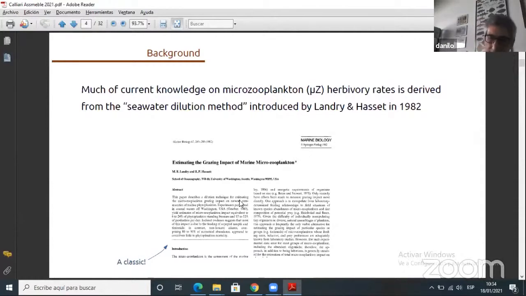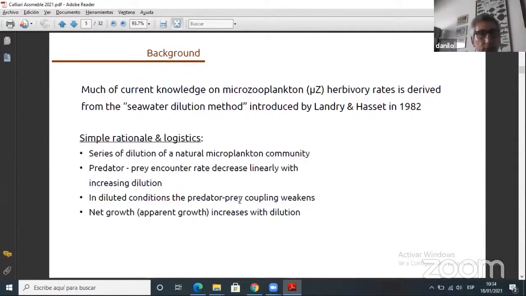This is a classic contribution that has been very highly cited and used, and it's very popular because it is based on a very simple rationale and involves very simple logistics. That is, basically one needs to take a natural sample of the microplankton community and perform a series of dilutions.